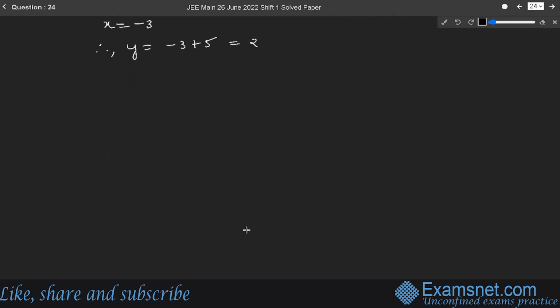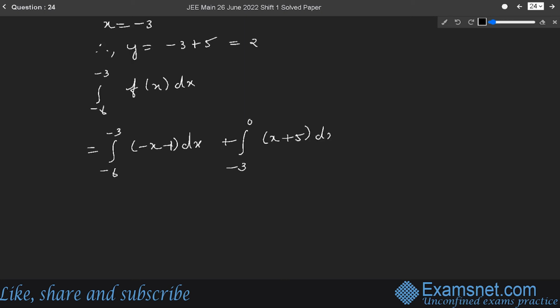Now we have to find integration of minus 6 to 0 f of x dx. So this will be integral of minus 6 to minus 3 of minus x minus 1 dx plus integral of minus 3 to 0 of x plus 5 dx. So this will be equal to minus x square by 2 minus x, and the limits are minus 6 to minus 3, plus x square by 2 plus 5x, and the limits are minus 3 to 0.